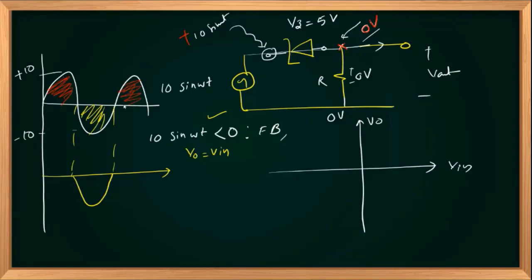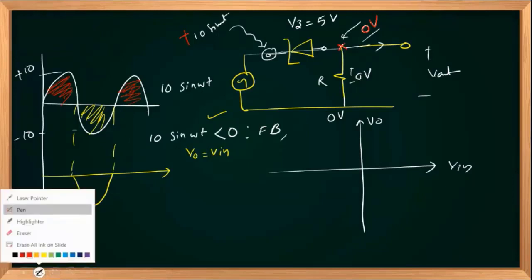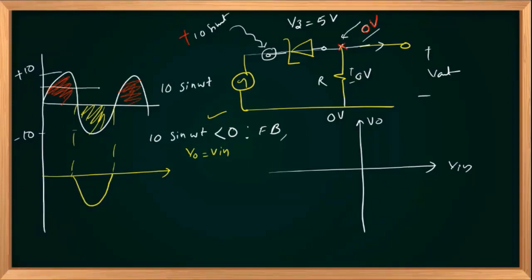So the moment 10 sin omega t is less than 5, it's my 5 volt level, it will be in reverse bias and in the before breakdown region, because you should cross 5 volts in reverse direction to break the diode in the reverse mode.